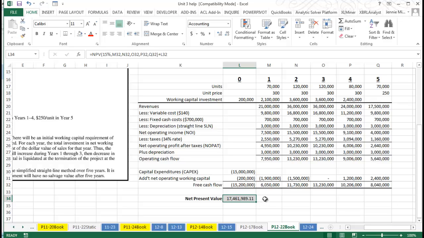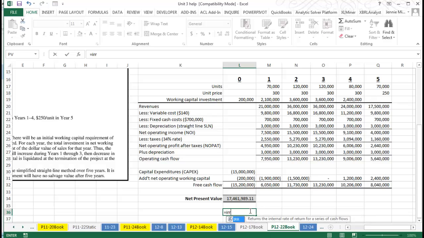So we have our net present value here showing us the 17 million. And then what you would continue to do is work on your internal rate of return and so on. And remember, internal rate of return is pretty easy. You're just using the IRR formula and taking your values all the way across, and then you can put in your guess.